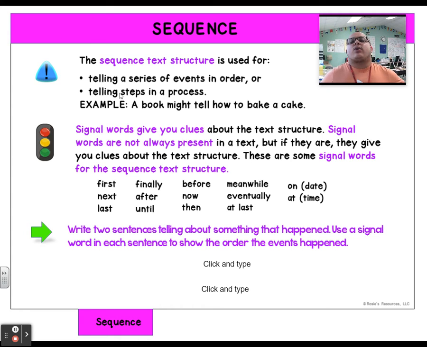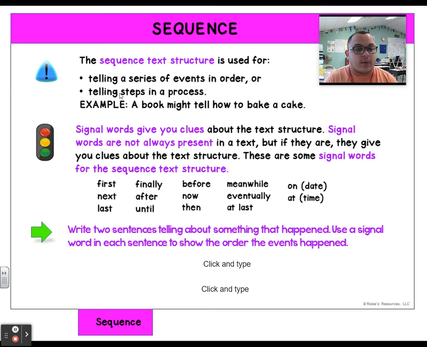Sequence. So we've talked about sequence a lot, and the sequence text structure is used for telling a series of events in order, or telling the steps in a process. For example, a book might tell you how to bake a cake. You guys wrote a technical text on how to make a peanut butter and jelly sandwich, and we followed those steps for you. Signal words give you clues about the text structure.